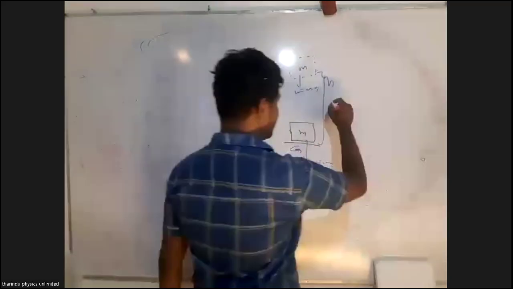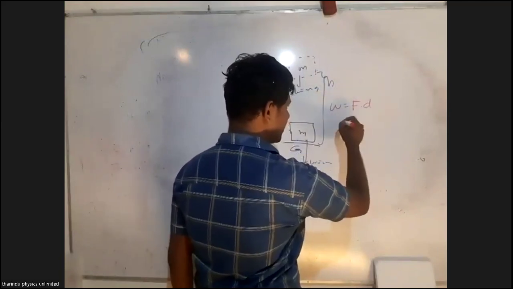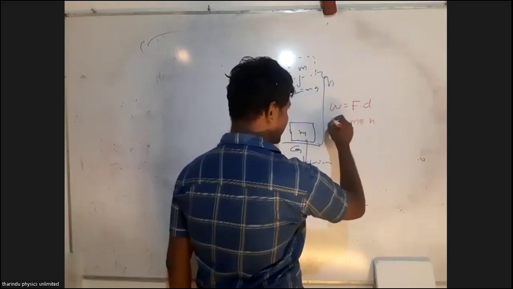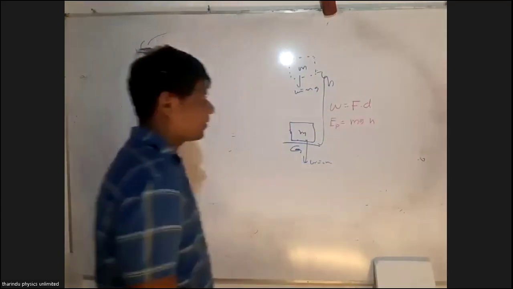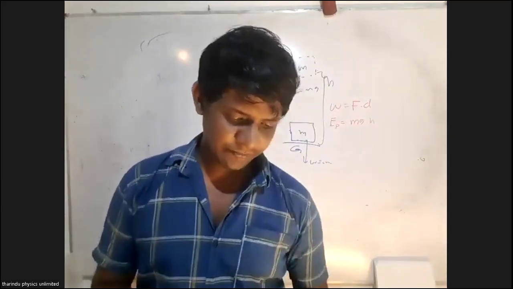Work done is force multiplied by distance, so it is mg times the height h. That is known as EP, potential energy. I hope you understood that.